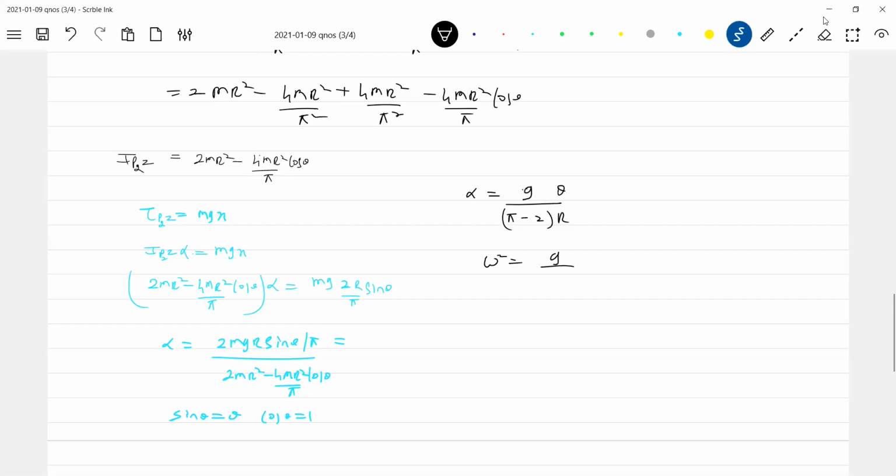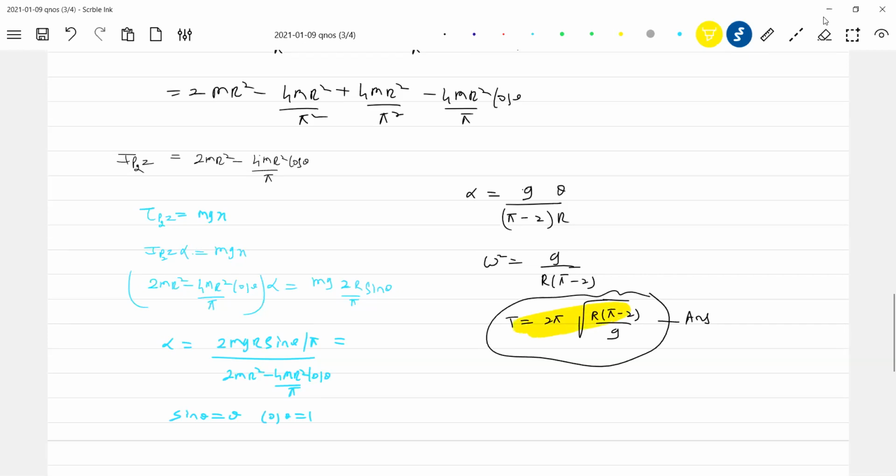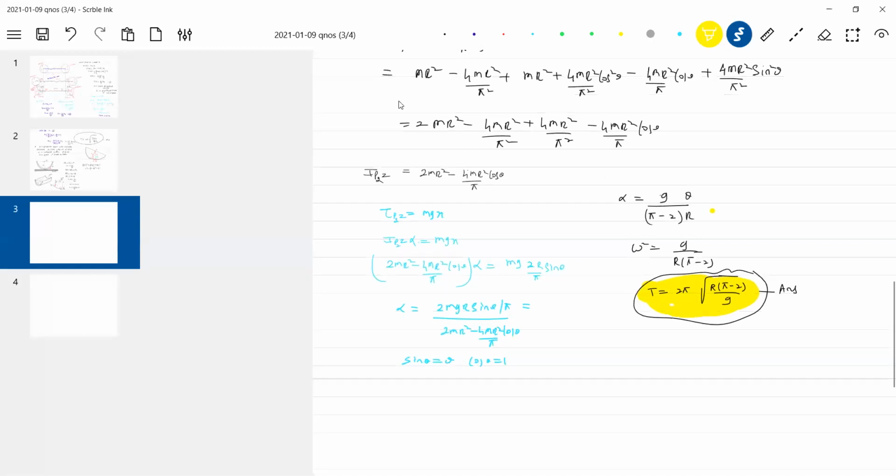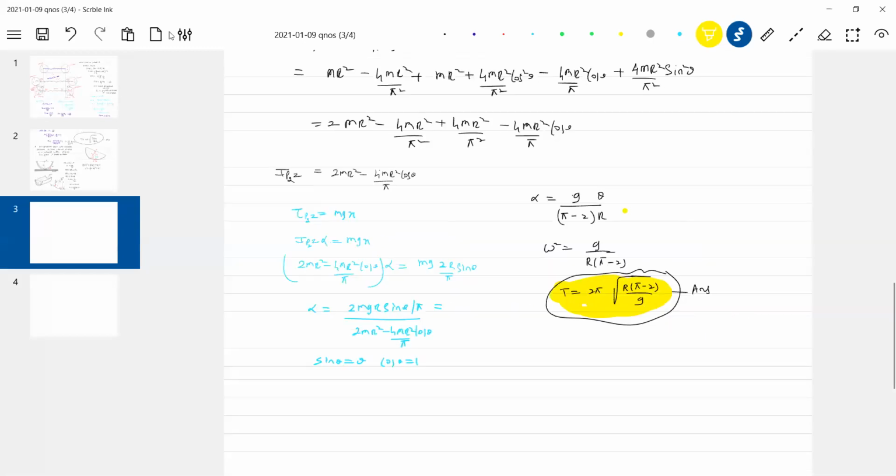So omega square equals g by R into pi minus 2. Okay, this will be your answer. Okay, a little bit more mathematics. So like this, a rigid body oscillation will come, don't call it compound pendulum.